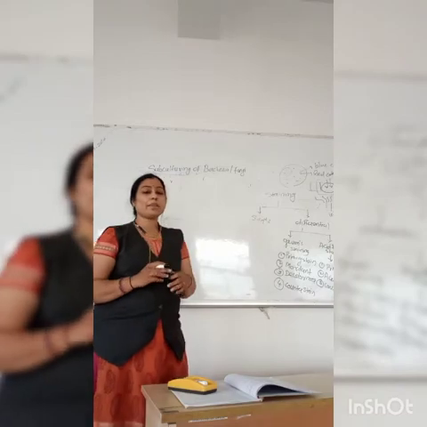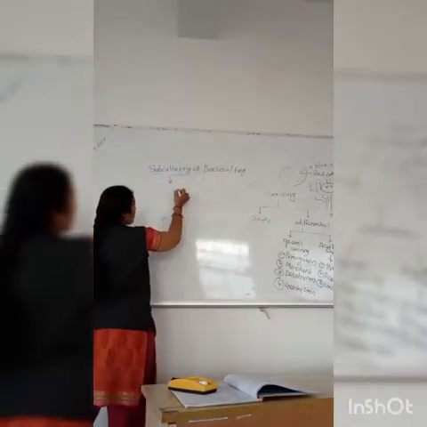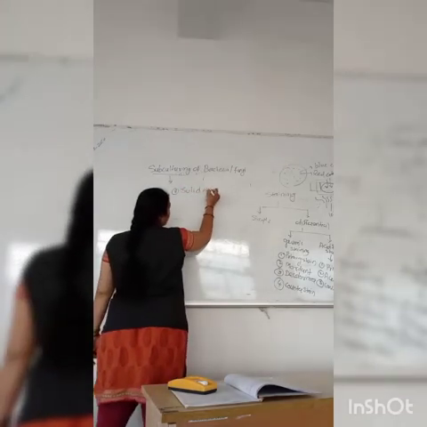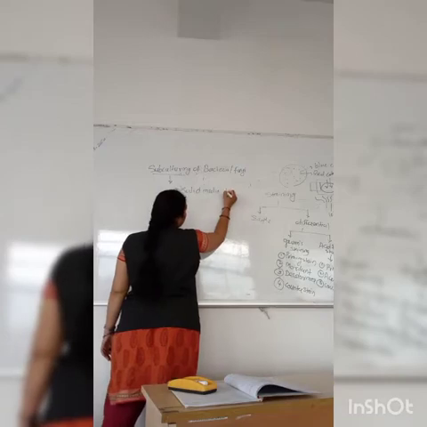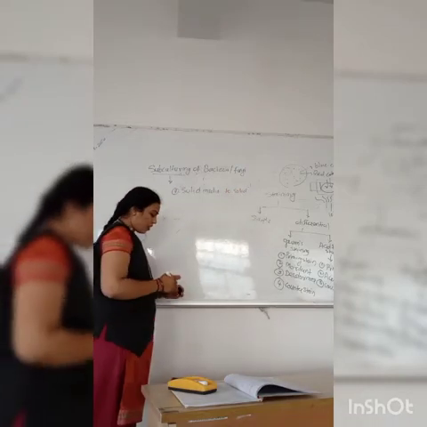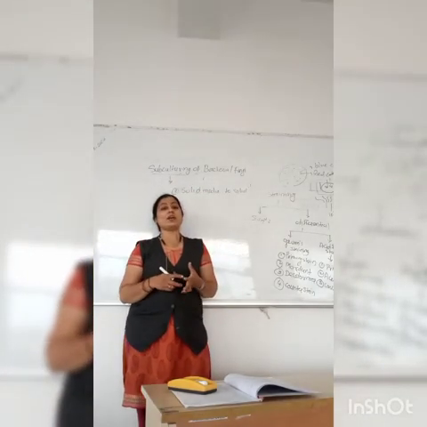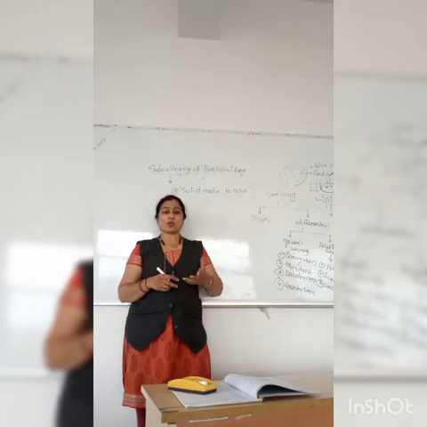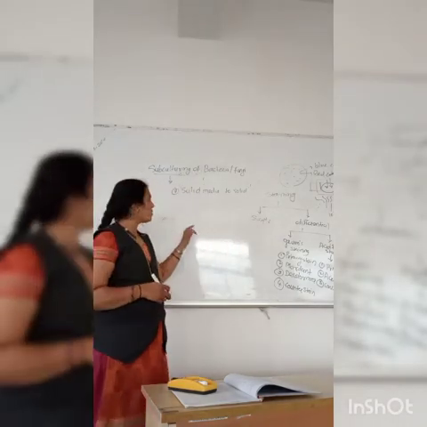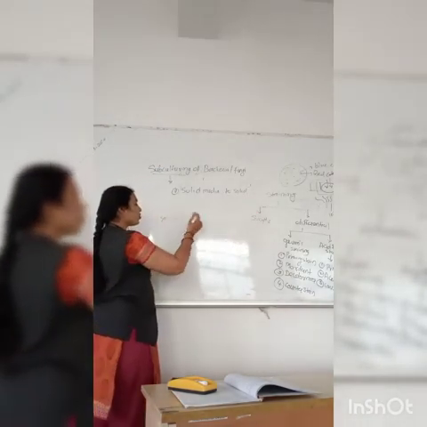There are many methods of subculturing. The first one is solid media to solid media. When the organism is grown on a nutrient agar plate, we have to transfer it onto freshly prepared media so that it stays alive. So that is solid to solid.